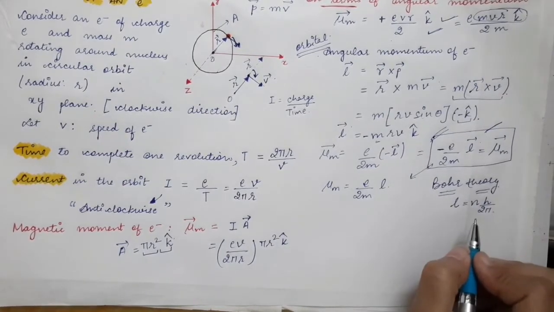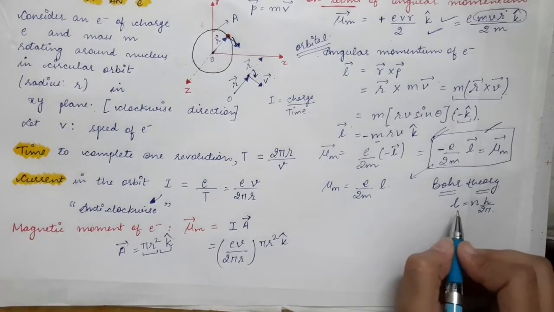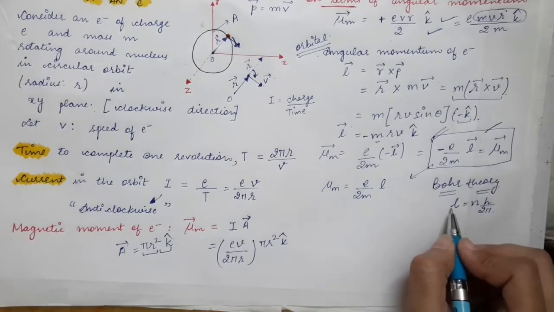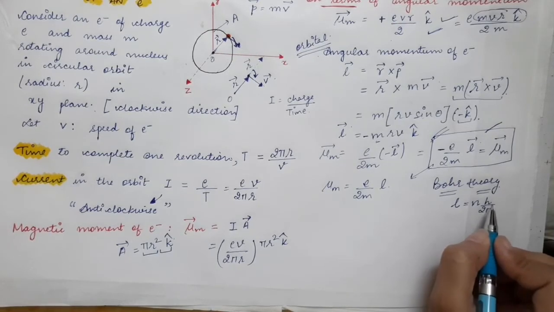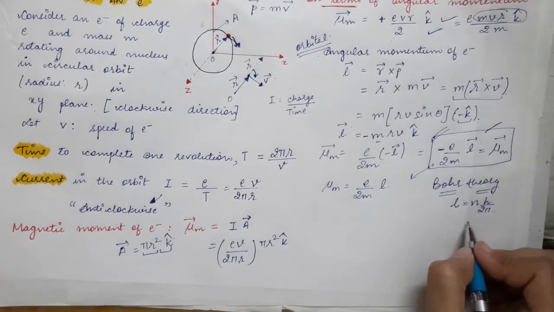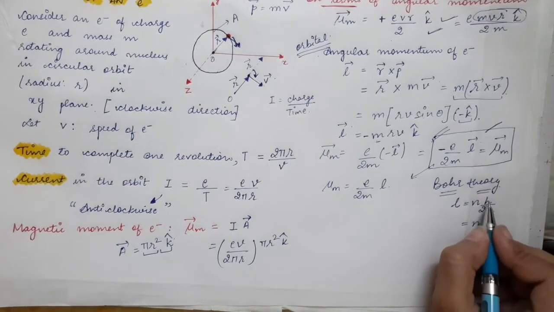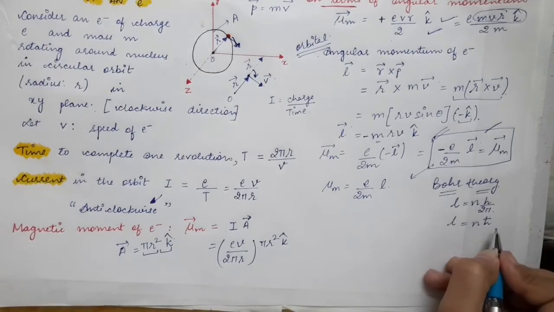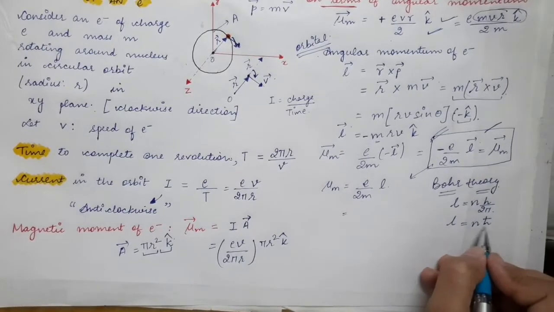This is one of the postulates of Bohr theory: electrons orbit only in those orbits whose angular momentum comes out to be an integral multiple of h divided by 2 pi, and h divided by 2 pi is generally denoted as h cut. So h cut means h divided by 2 pi. So L must be equal to n h cut.